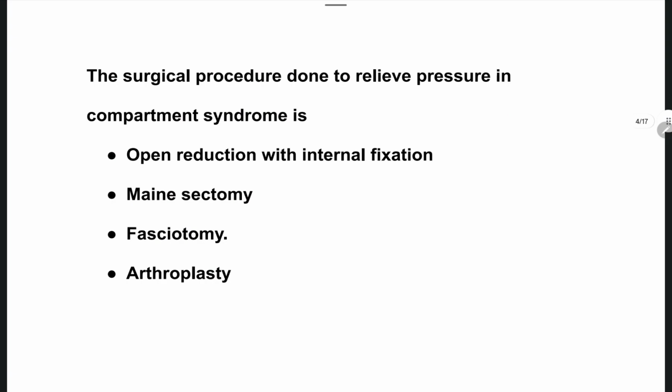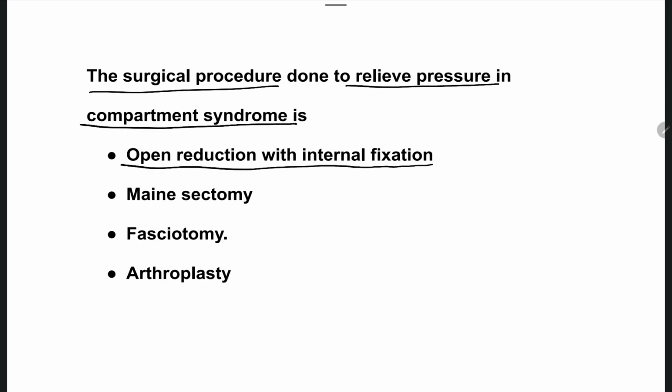Next one is the surgical procedure done to relieve pressure in compartment syndrome. Options are open reduction with internal fixation, meniscectomy, fasciotomy, arthroplasty. The right one is option C, fasciotomy.